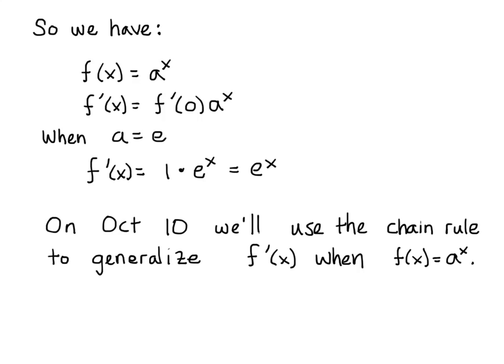The day before, October 8th, the lecture before, we'll be reviewing things like the chain rule and the product rule and all those kinds of things. Okay, so for now, this is the theoretical basis of the derivative of e to the x, and we'll stop there.